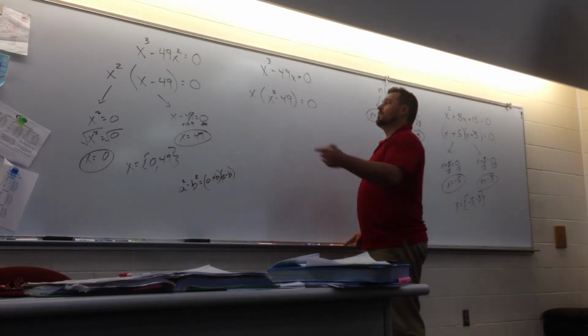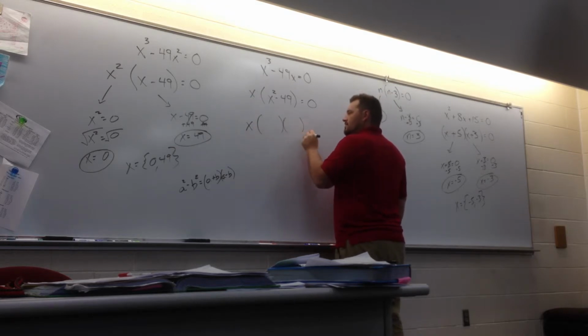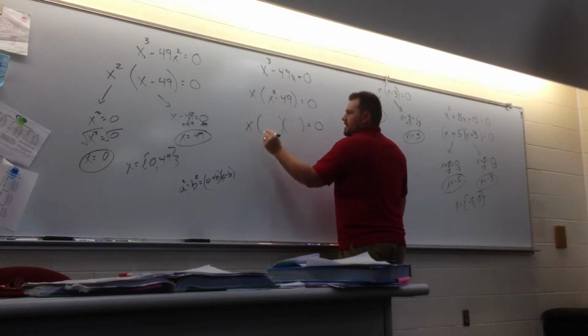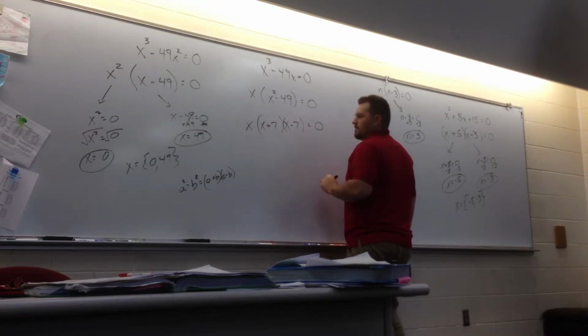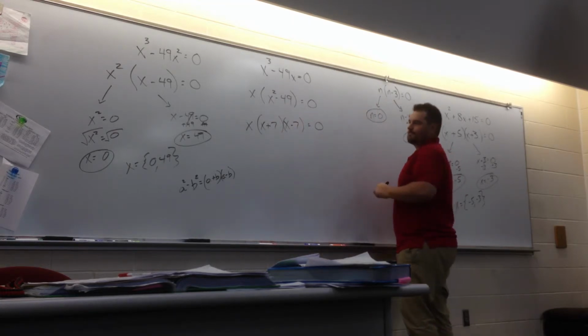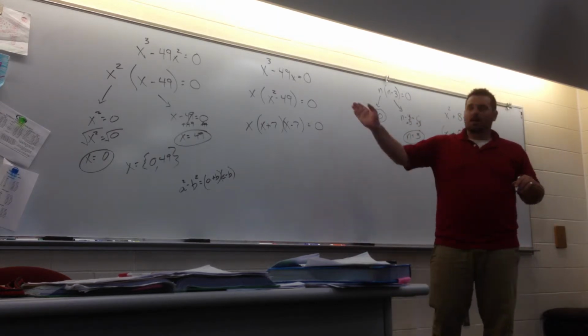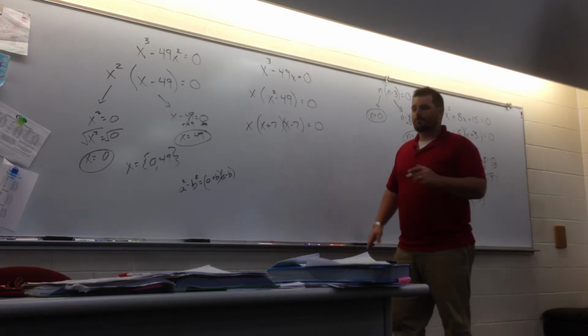Remember that? So, I still have my x over here, and then this gets broken down into two things. Square root of this plus the square root of this, and the square root of this minus the square root of this. Right? Now I go ahead and break it down, and since I've broken it down, I can put each of these pieces equal to 0.